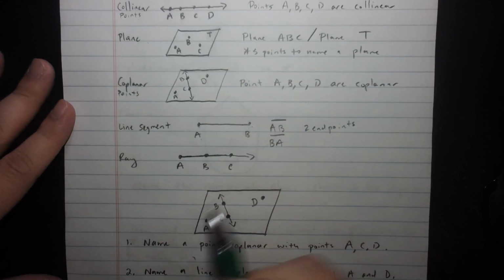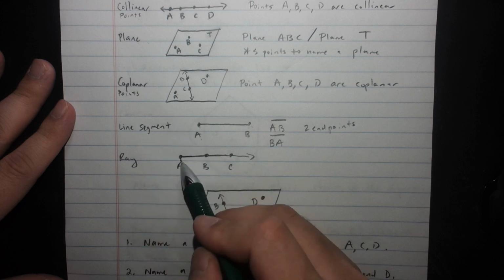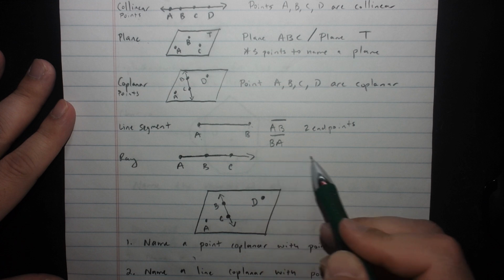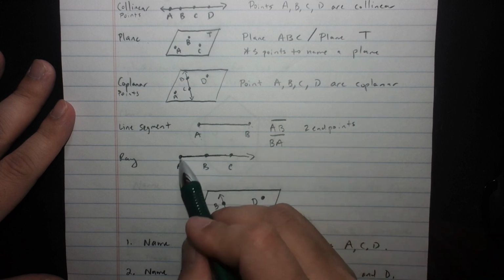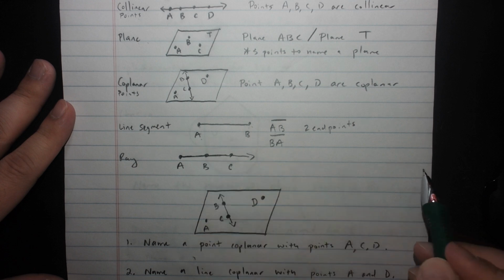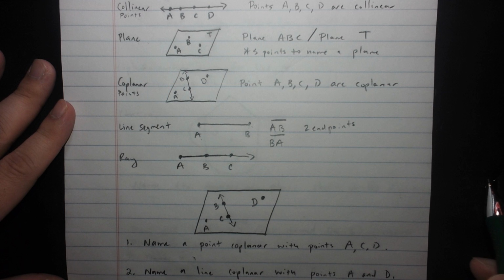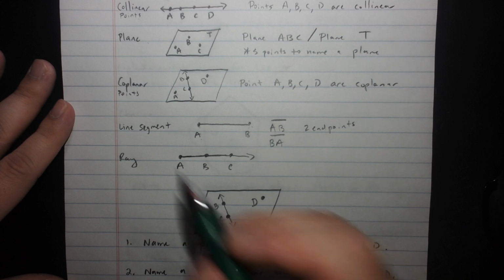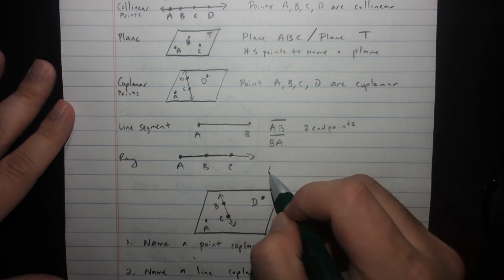So a ray starts somewhere and then it's going to extend forever in one direction. So I'm starting at point A and I'm going to approach B and I'm extending to the right forever. I don't stop. That's what a ray is. So how do you name a ray? You need to first start with the beginning endpoint, or the starting point, if you will. We're starting at A. That's what I need to write first.